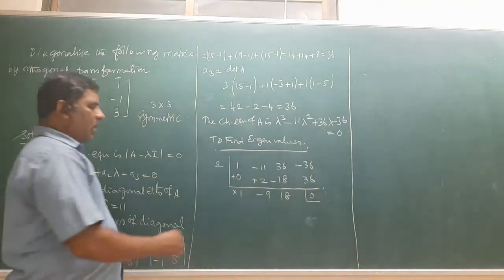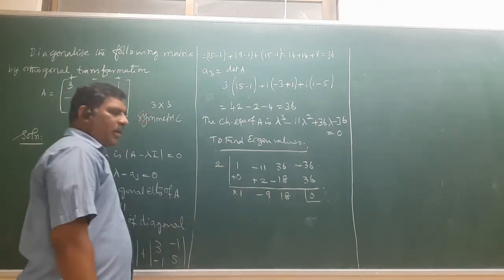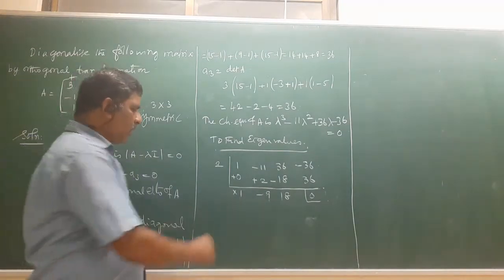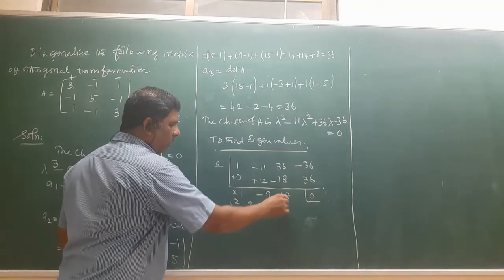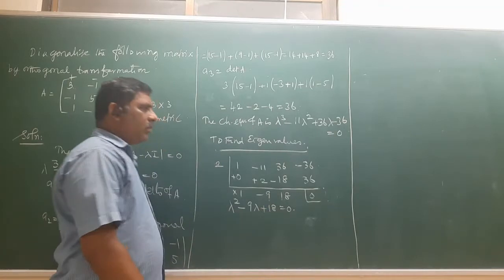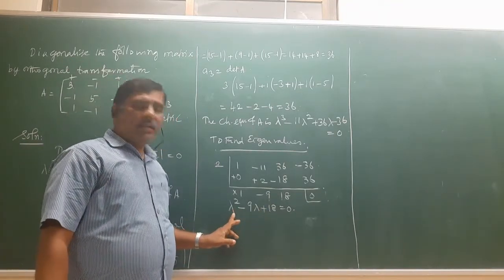Therefore, one of the eigenvalues is λ = 2. Next we reduce one power of λ and write λ² - 9λ + 18 = 0. You know how to solve the quadratic equation.